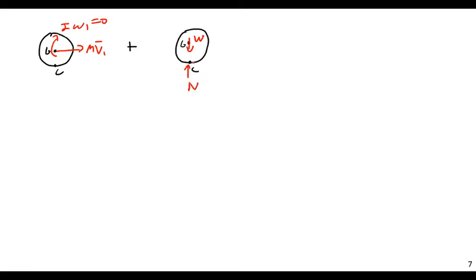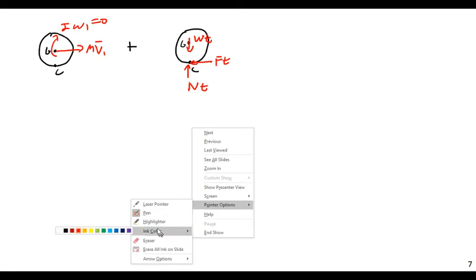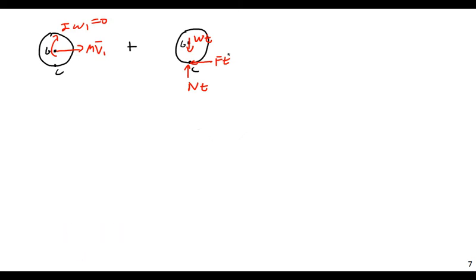And then I'll just let this force F be the frictional force. And of course, all of these are times t: Nt, Ft, that'll be my frictional force, and then Wt for the impulse of the weight. Although in this case, that's not going to do anything because that is acting through the center, although it is what will generate the normal force.